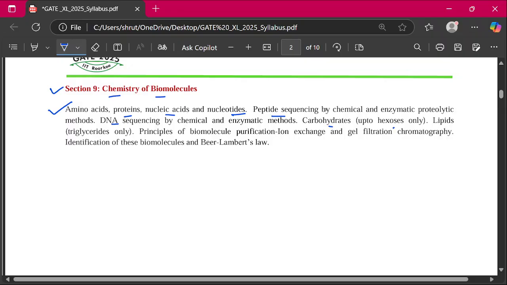Then lipids, which are only up to triglycerides. Then principle of biomolecule purification, ion exchange and gel filtration, chromatography and identification of these molecules and Beer-Lambert's law.